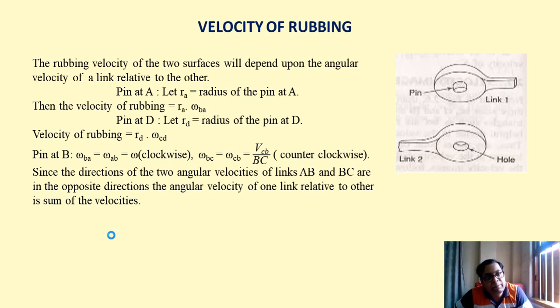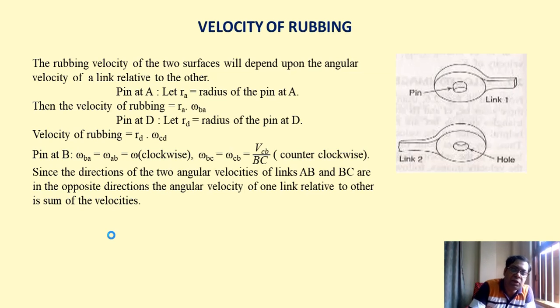For pin at B, in the previous figure, omega BA should be equal to omega AB, which is clockwise, and omega BC equal to omega CB, that is velocity CB by velocity BC, in counterclockwise direction.